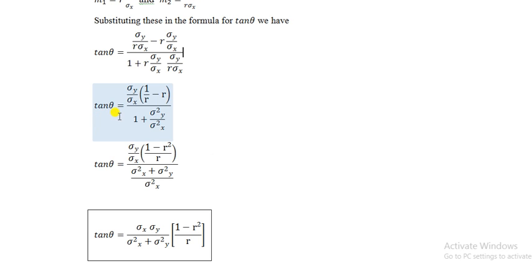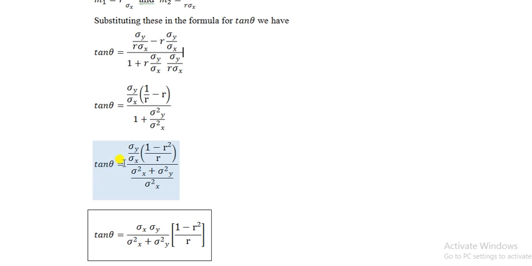Then tan theta is equal to, in the numerator, sigma y by sigma x is common, so the remaining term is 1 divided by r minus r, and in the denominator r and r cancel, so the remaining term is 1 plus sigma y by sigma x into sigma y by sigma x, which becomes sigma square y divided by sigma square x.